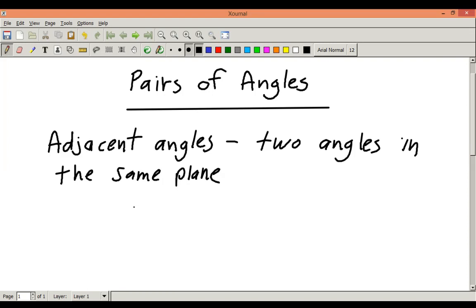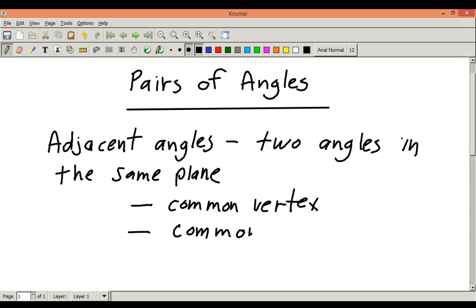And they have a common vertex. They have a common side. And no common interior points.